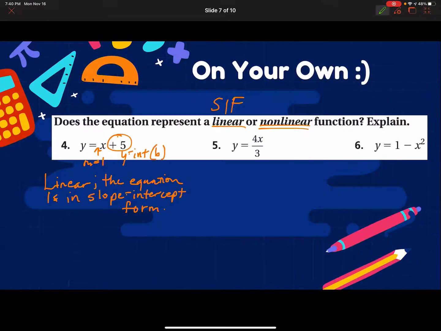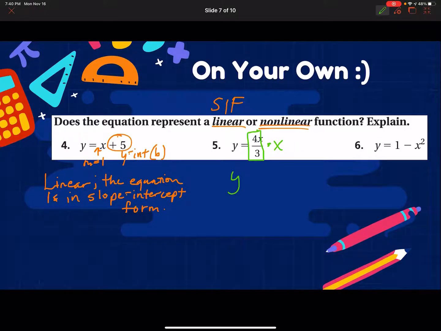Okay, let's look at this number 5, the middle one. Y equals 4x divided by 3. Now, on number 5, I'm looking to see what I can move around. If I were to attempt to get this in slope-intercept form, there's really not much I need to do other than think about 4/3 separate from x.